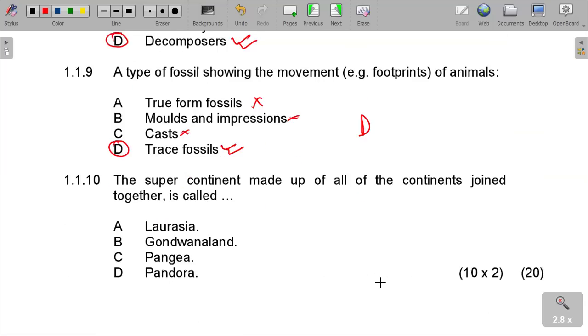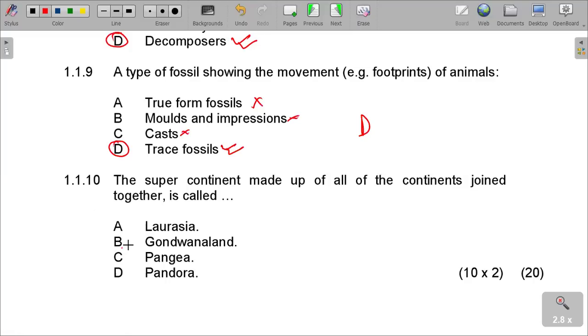And then number 10, the supercontinent made up of all the continents joined together is called dash. What is that supercontinent? It is called what? A, the Laurasia, not correct. The Gondwanaland, not really. It is called the Pangaea.